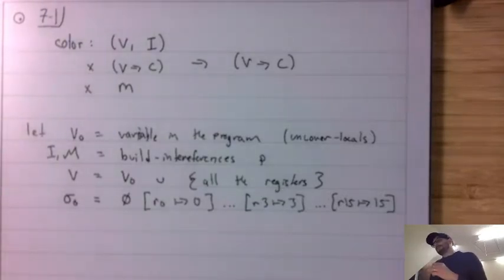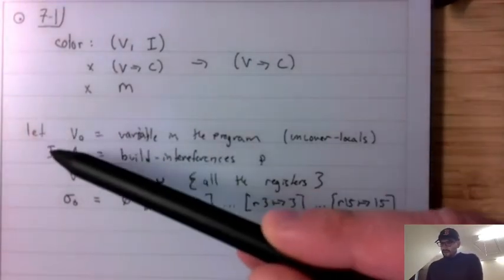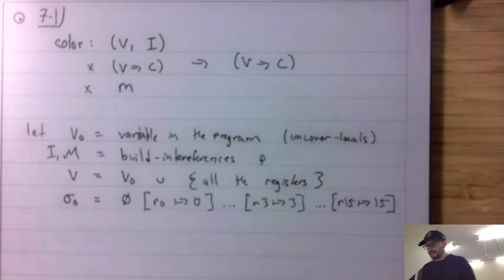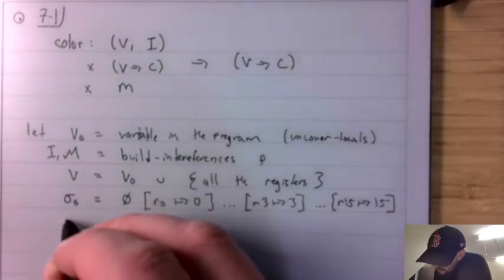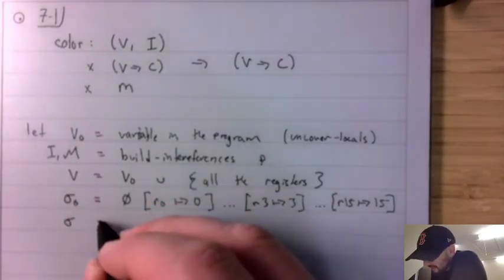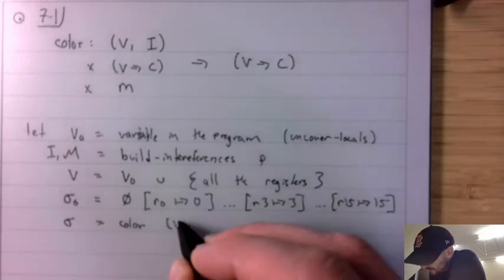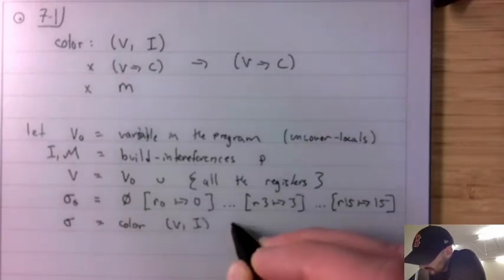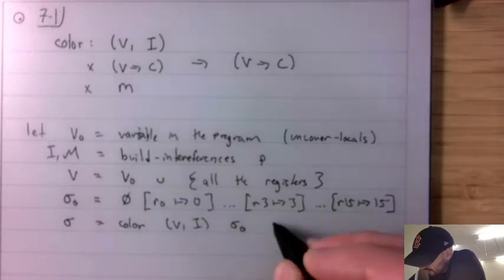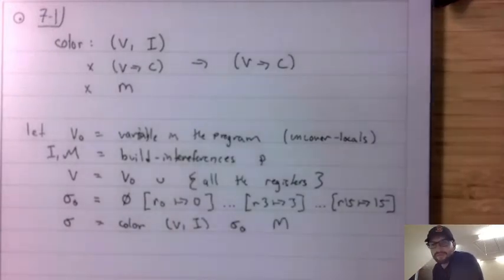Okay, so we've now set v0, I, M, V, rho 0. Then we'll say that sigma equals calling color on V, I, rho 0, and M, or sorry, rho 0. All right, so now we have our renaming.